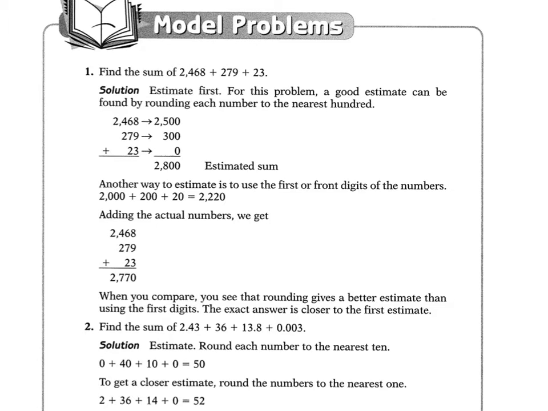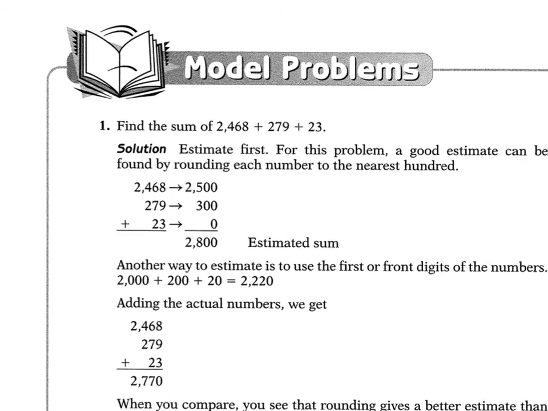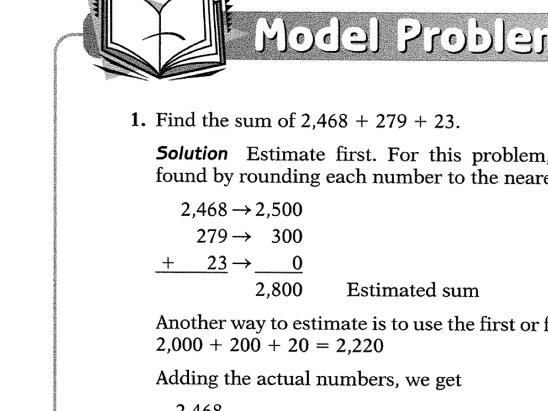So for this example 1, it says find the sum of 2,468 plus 279 plus 23. So in order to add these, I'm going to line up my numbers based on their place value. So my ones place, I have an 8, a 9, and a 3. I know 9 plus 3 is 12, plus 8 is 20, so I'm going to carry the 2, put the 0 down.